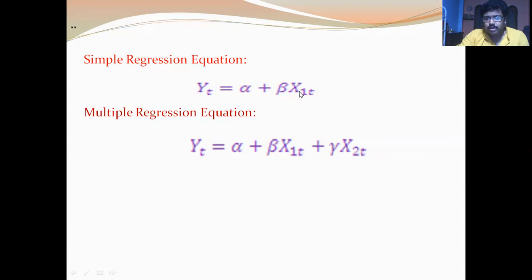This type of relationship is considered in regression equation or regression analysis.